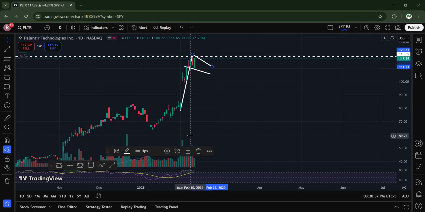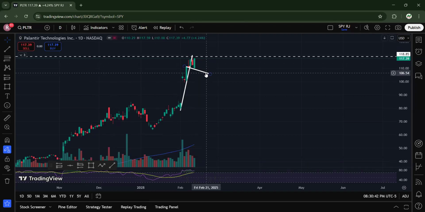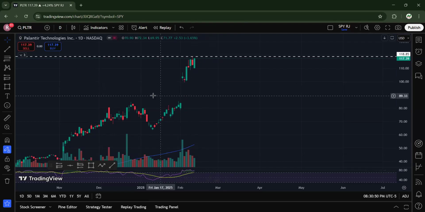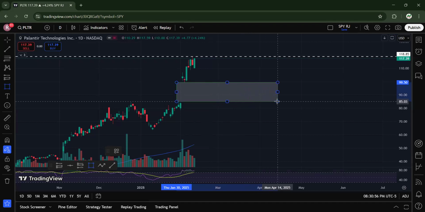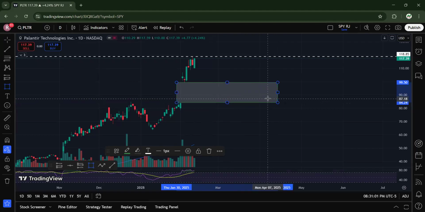Okay. Now, as far as the downside risk, because you have to be aware of downside as well. The downside risk for PLTR is if it gets below 99.5. Below 99.5, you have a gap fill down to 84.